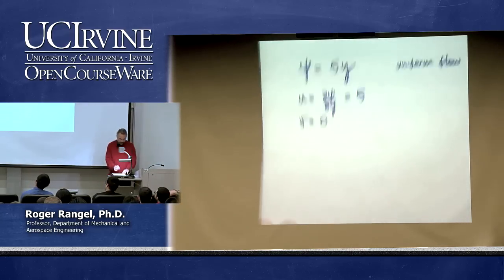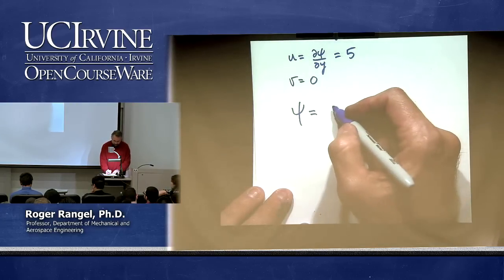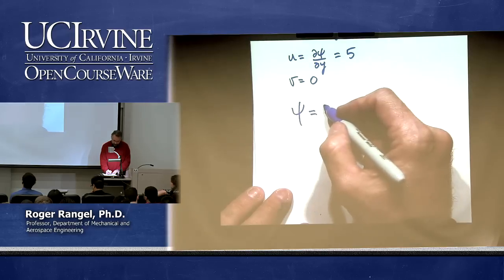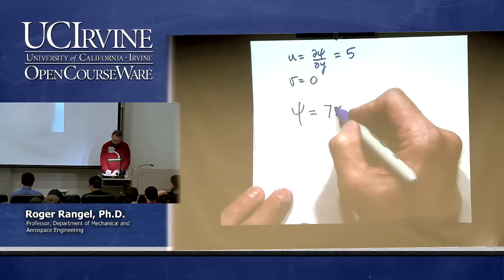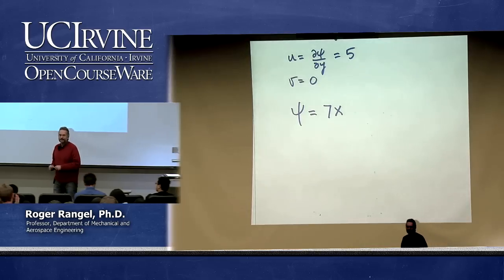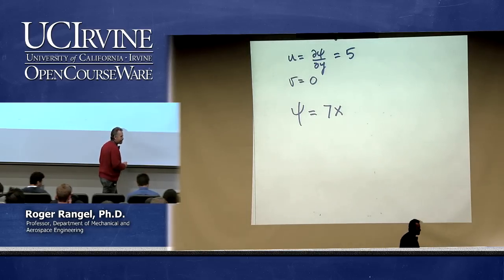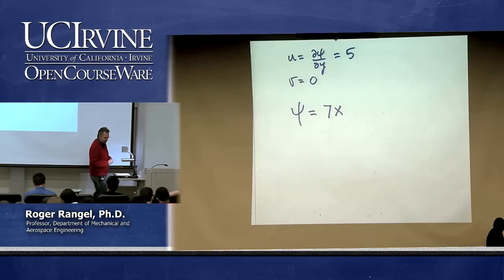But suppose I give you another one, and I tell you psi equals some other number, 7x. What is that? This is still uniform flow. But now, in the y direction, up or down?